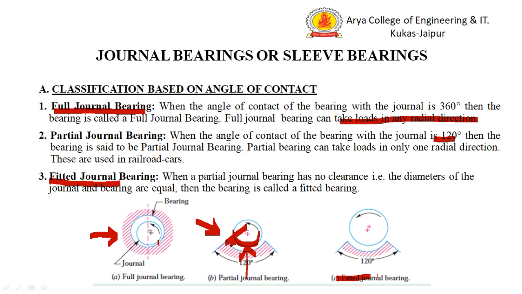But in the fitted journal bearing, the size of the journal and the size of the bearing are the same, so there is no clearance.